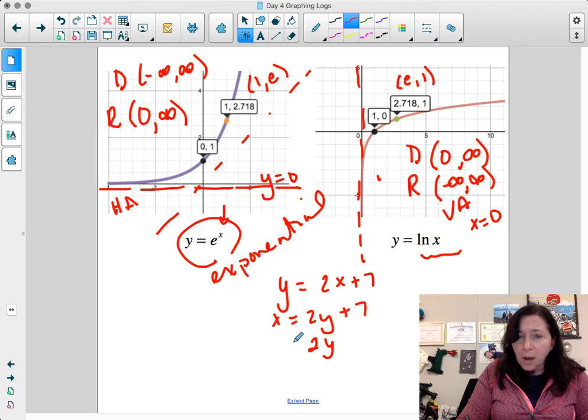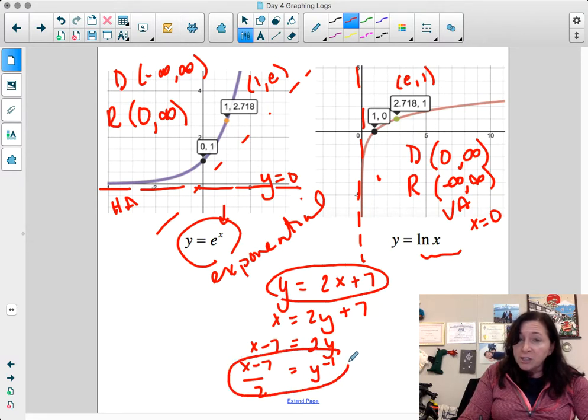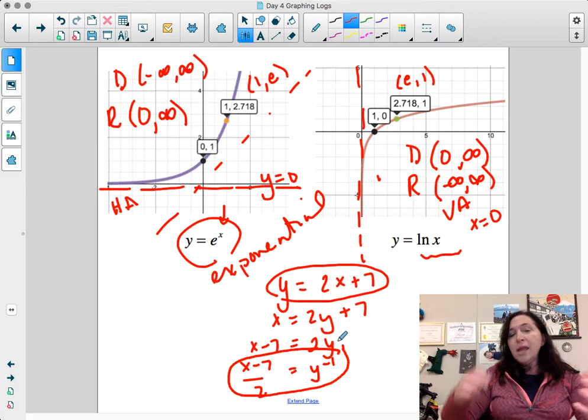So 2y is equal to x minus 7, y is equal to x minus 7 divided by 2, and that's my inverse. Well, the domain and range for this equation is going to flip and be my domain and range for that equation.